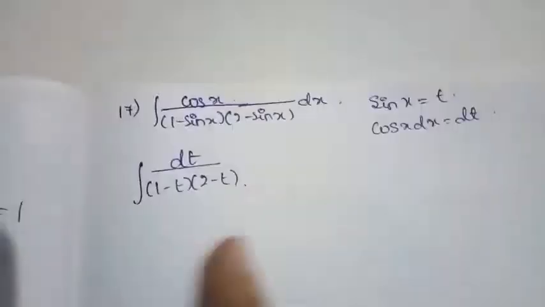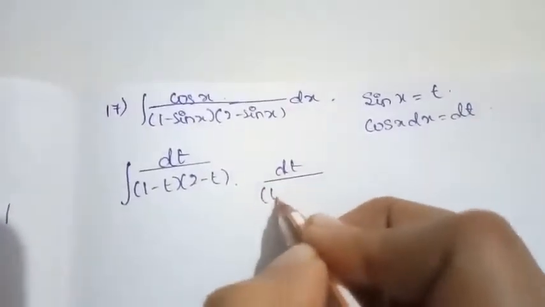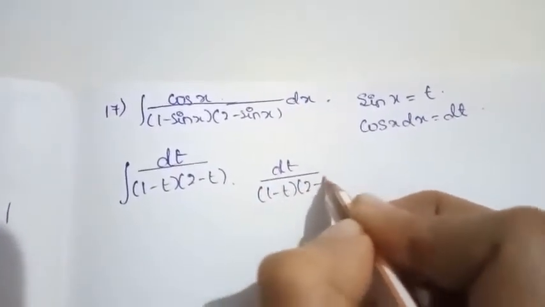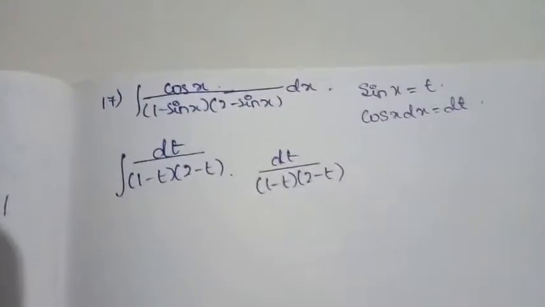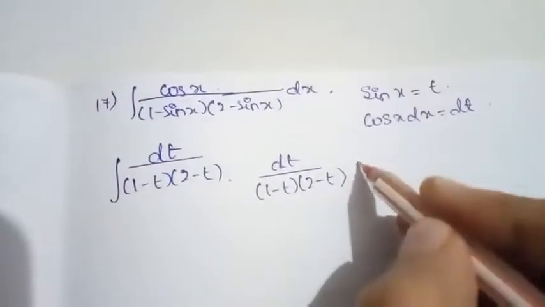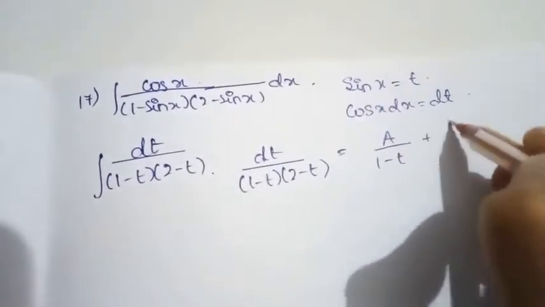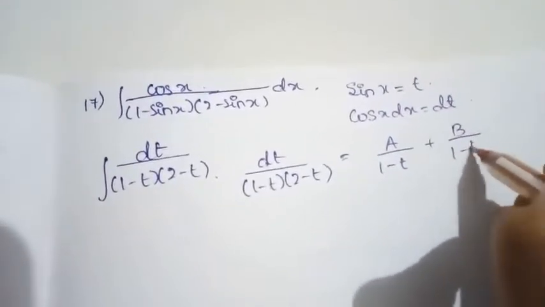So clearly, if I consider the integrand, that is dt divided by (1 minus t) into (2 minus t), it is a non-repeating linear factor, so it becomes a divided by (1 minus t) plus b divided by (2 minus t).